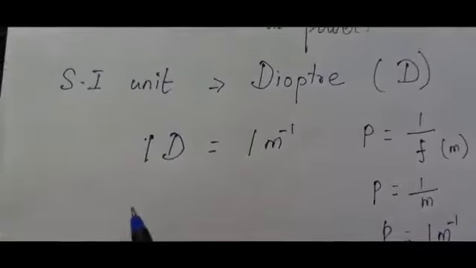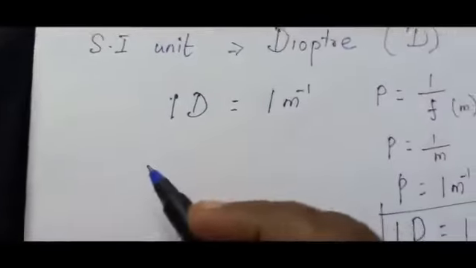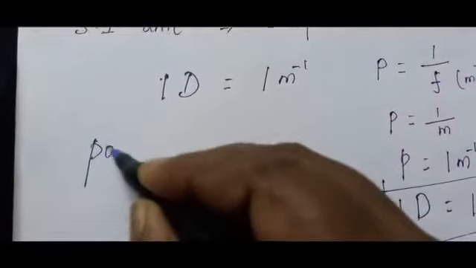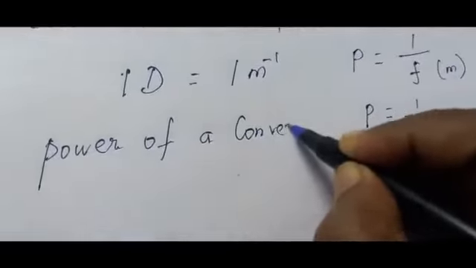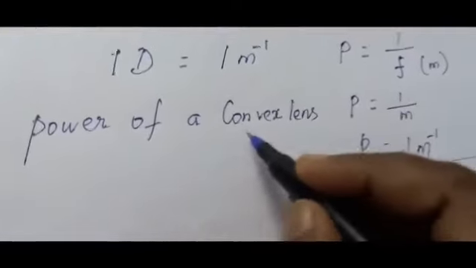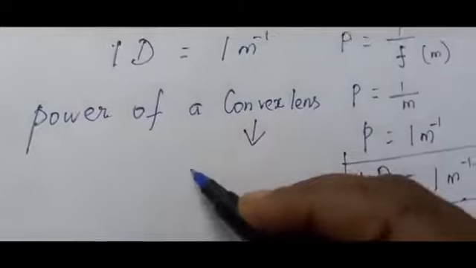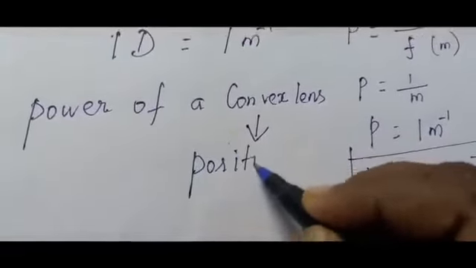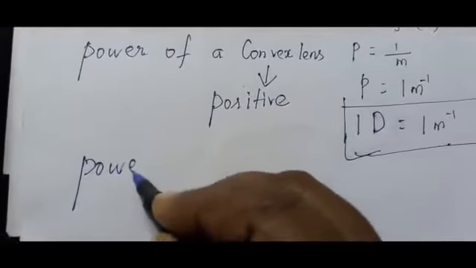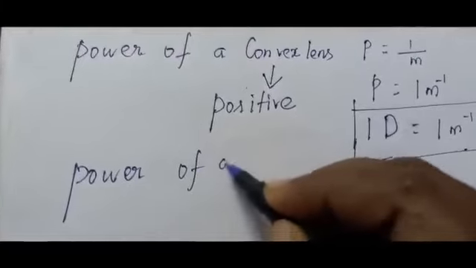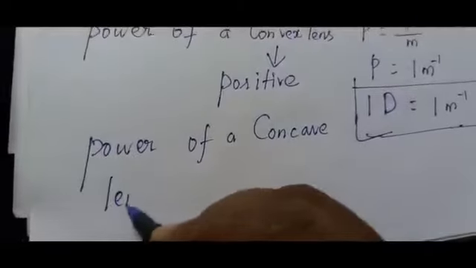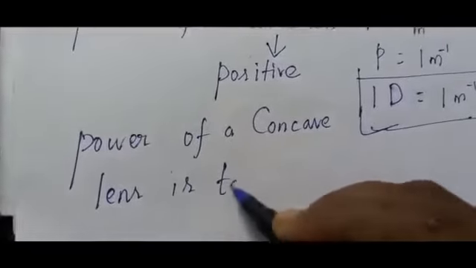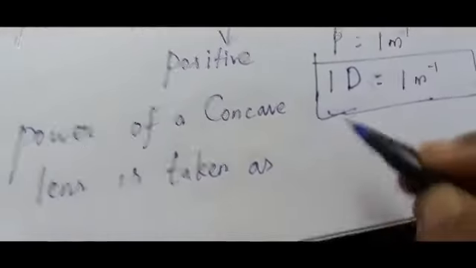And then by convention, the power of a convex lens is positive, and the power of a concave lens is taken as negative.